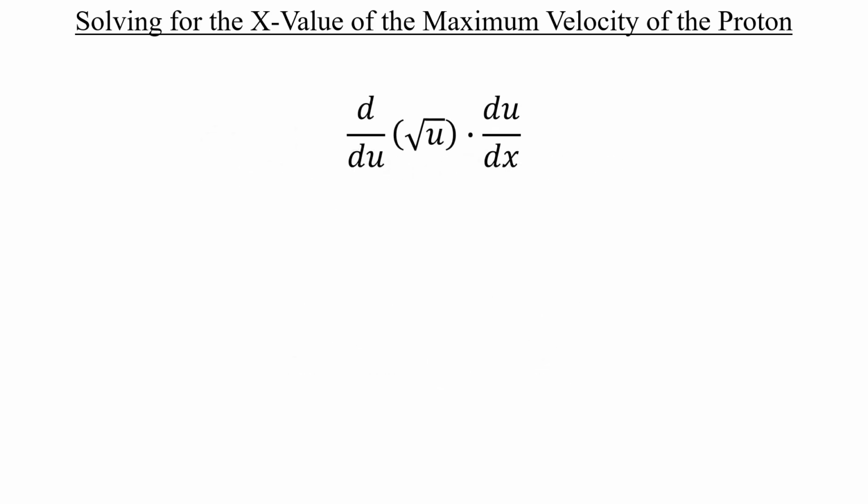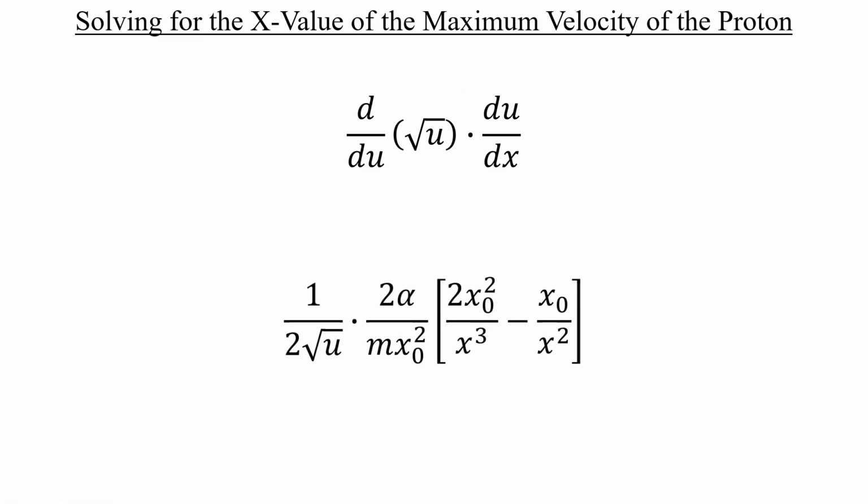The chain rule says that we need to take a derivative of the outer function with respect to our substitution variable u and multiply that by the derivative of u with respect to x, which is what we just finished. Here's what we get.